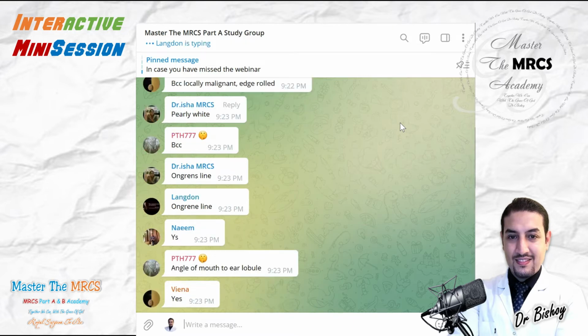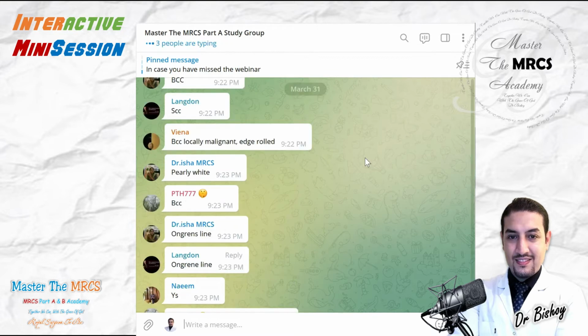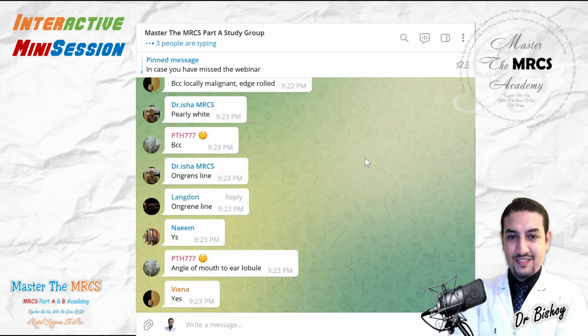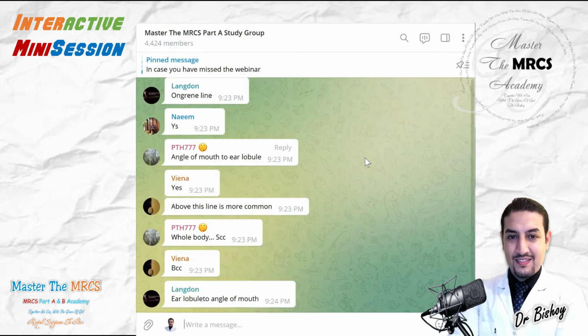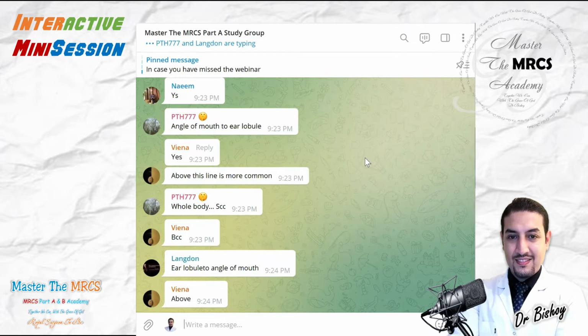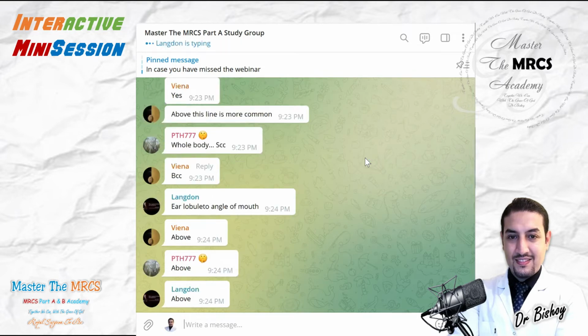It will denote the basal cell or the squamous cell. Above it, basal cell, and below it, squamous.